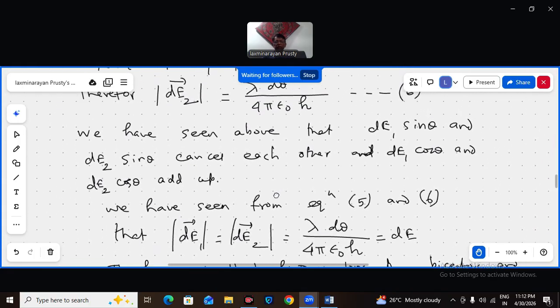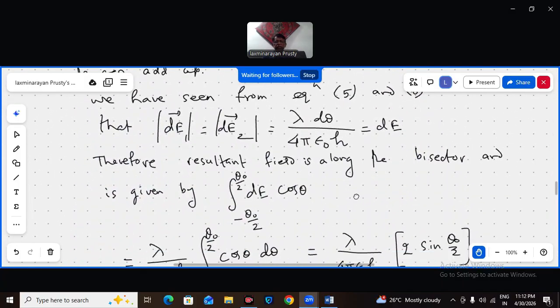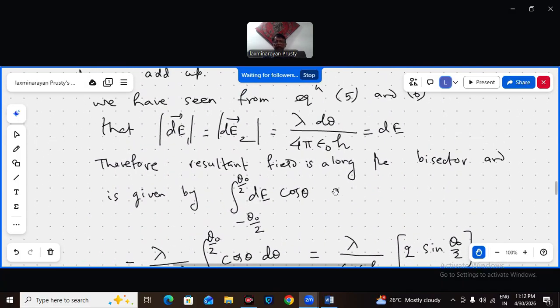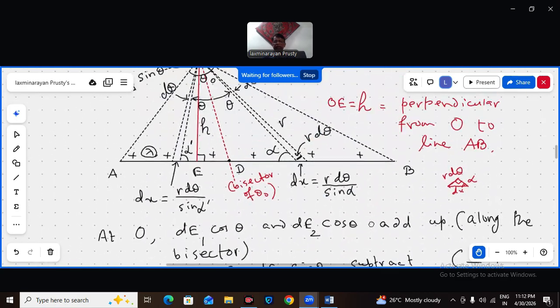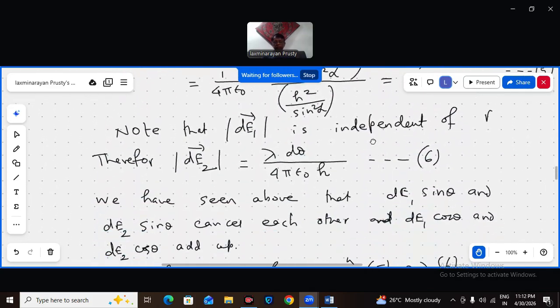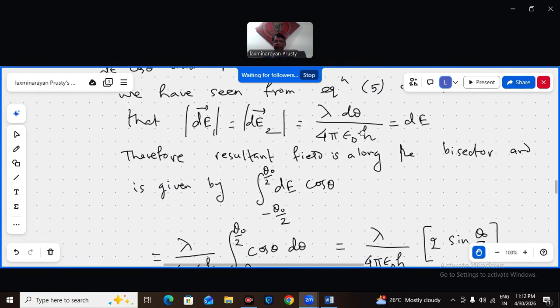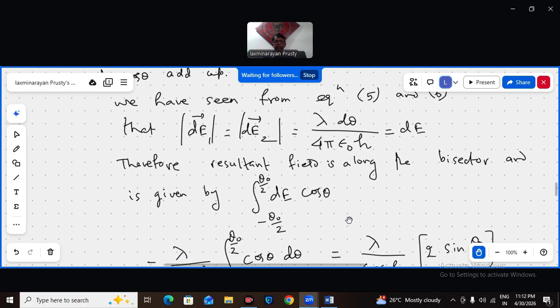Okay. So they are the same magnitude, E1 and E2. So their cos theta components add up, which means I'll simply take dE cos theta and sum it up from minus theta naught by 2 to plus theta naught by 2. So what will I get? dE cos theta, where dE is how much?